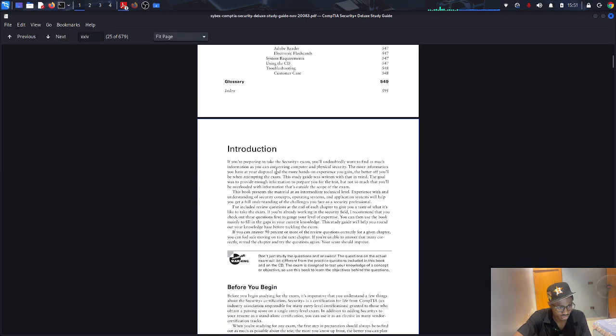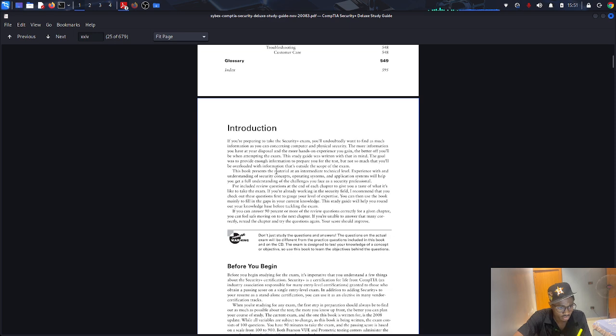Let's see. Introduction. If you're preparing to take the Security+ exam, you undoubtedly want to find as much information as you can concerning computer and physical security. The more information you have at your disposal and the more hands-on experience you gain, the better off you will be when attempting the exam.